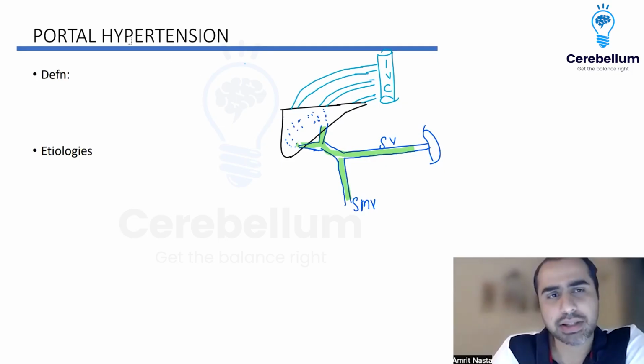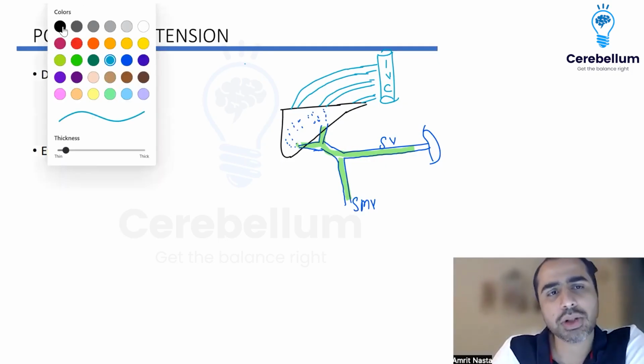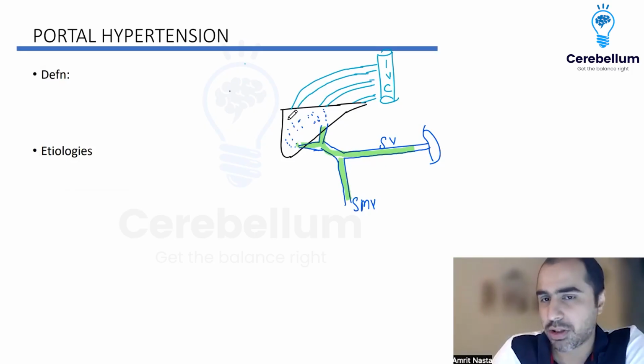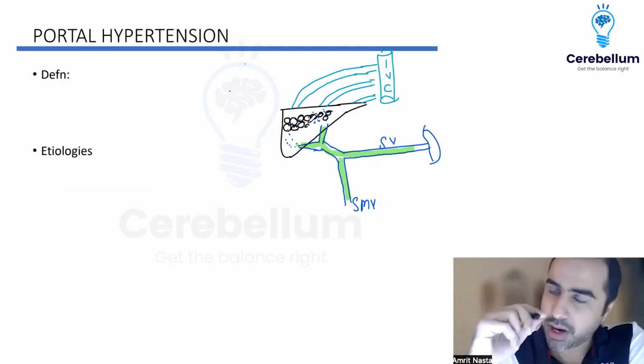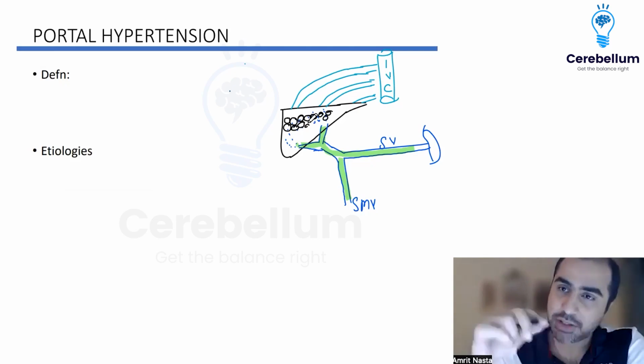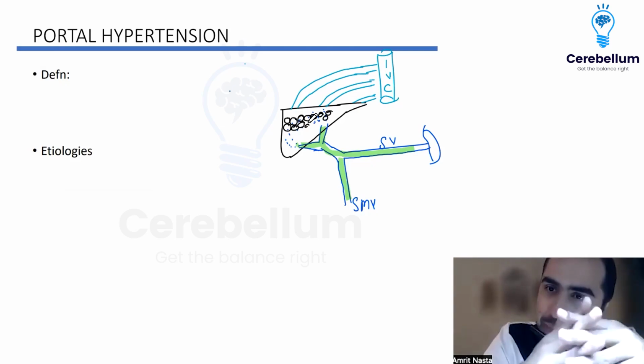Let's say, for example, the person has cirrhosis of liver. Best example is cirrhosis. What happens in cirrhosis? In the liver there are nodules, micronodular. So let's say a person has cirrhosis, a common cause. Now what will happen in cirrhosis? The portal vein branches which are inside the liver will get compressed.